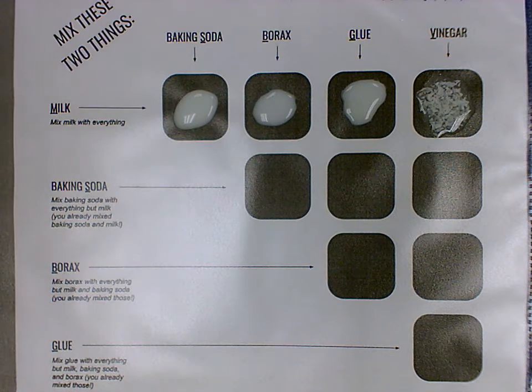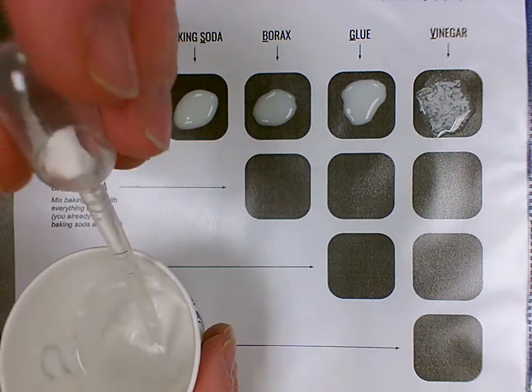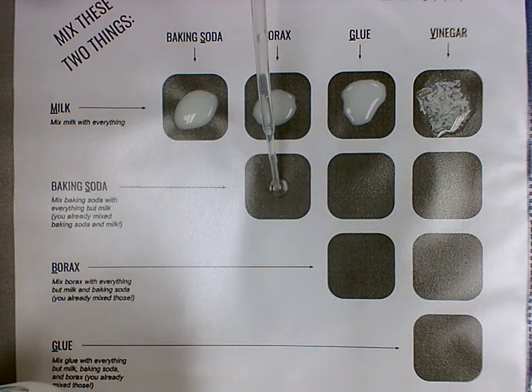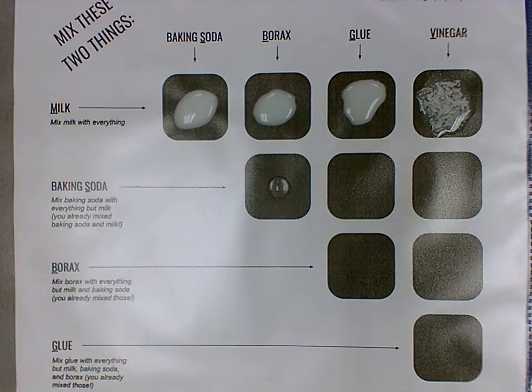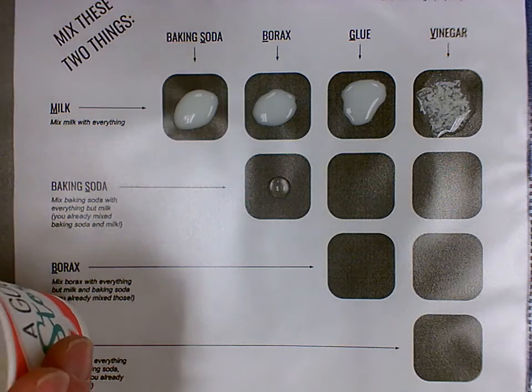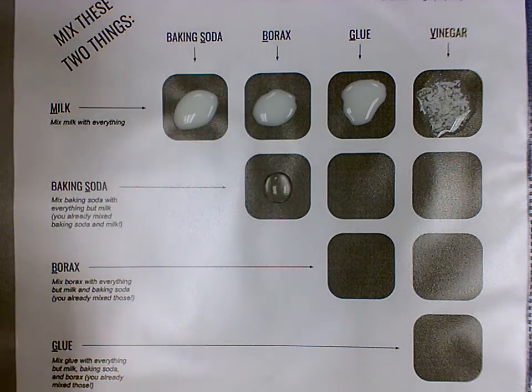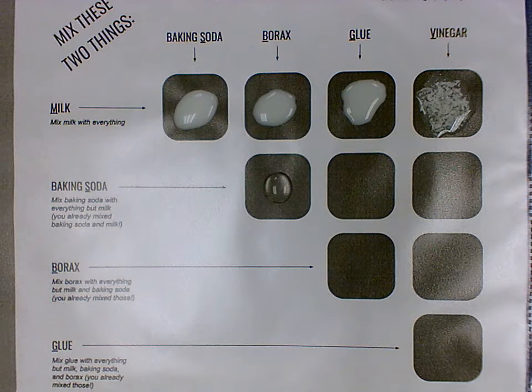Okay, welcome back. So let's take a look at baking soda. So remember, my baking soda is in solution, and so I'm going to put some drops of baking soda here. And then we'll mix the baking soda solution with the borax solution. Remember, borax is soap people use in their laundry. And there's that first mixing of two chemicals.